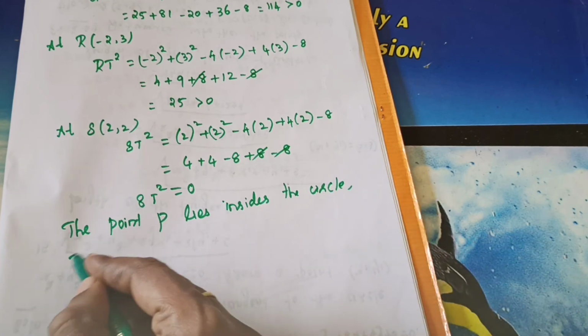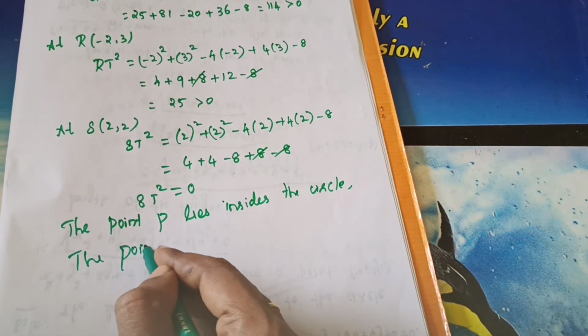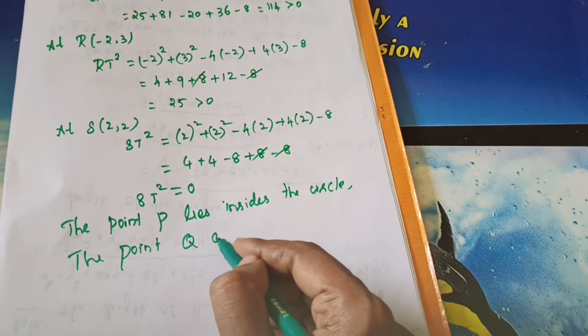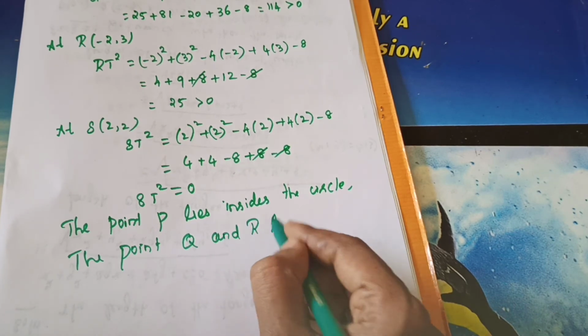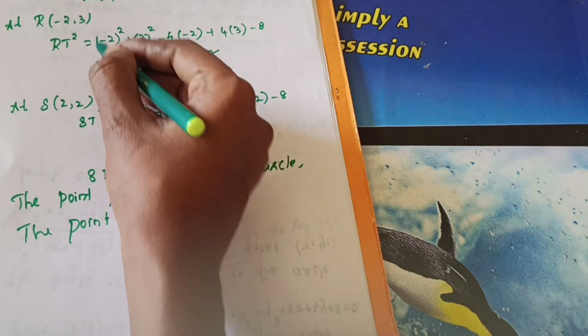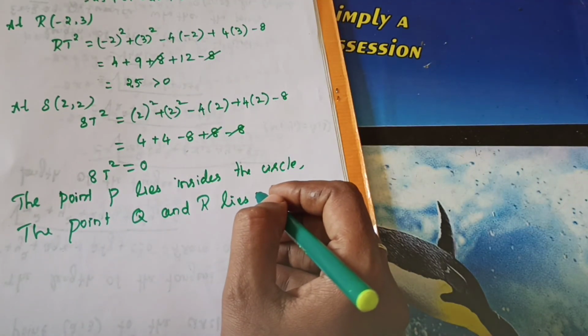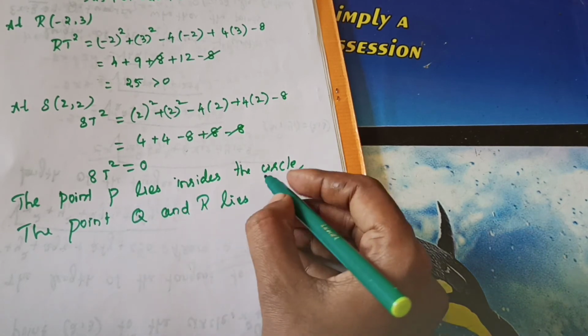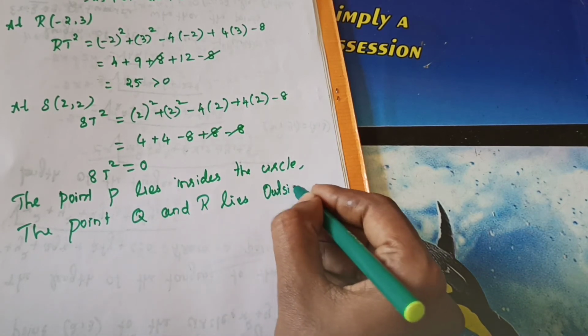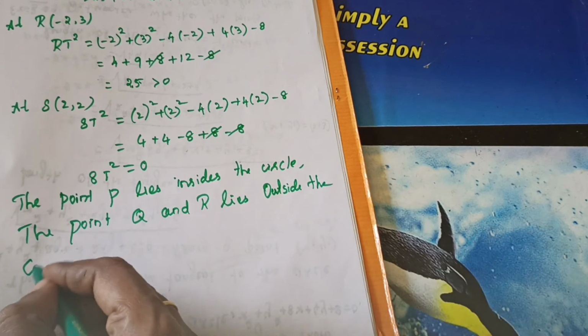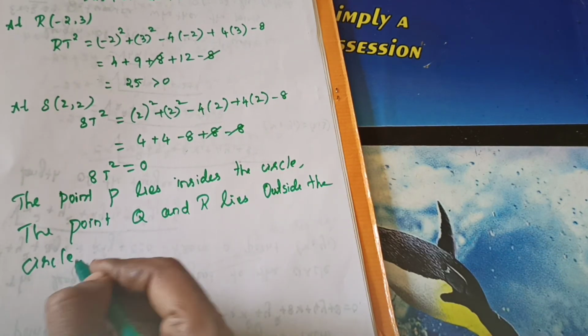Inside the circle, the point. What are outside? Q and R positive, is it right? Q and R positive means Q and R both are positive, correct? So negative means lies inside the circle, is it right? Less than 0 means lies inside. So greater than 0 means lies outside. And then one point lies on the circle, is it right? What's the only point that lies on the circle?